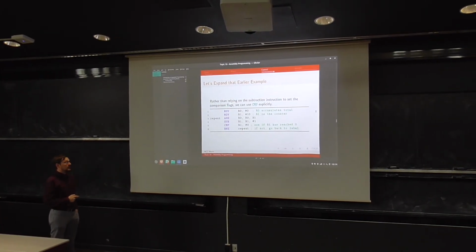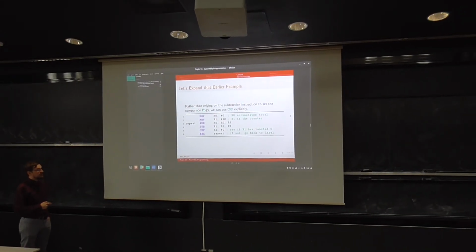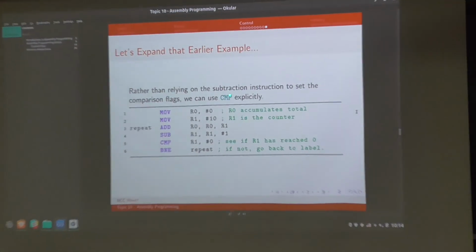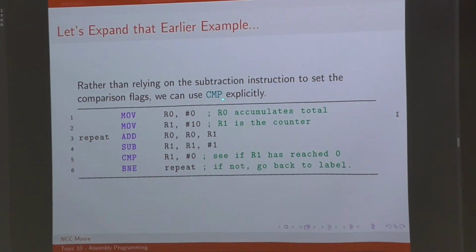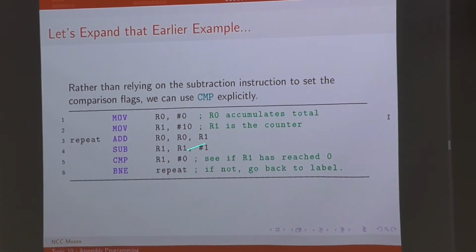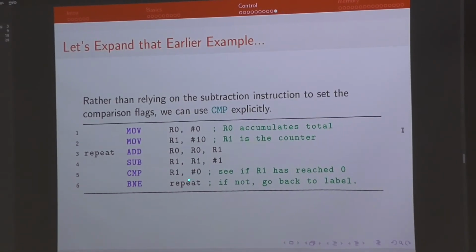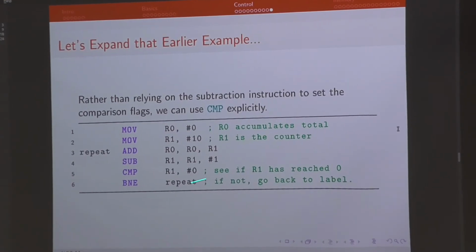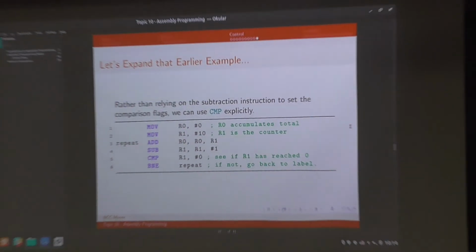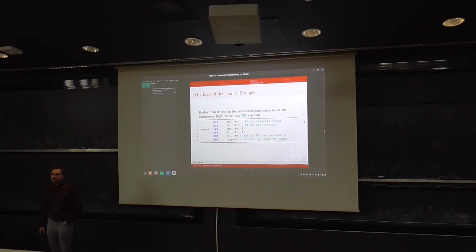So, rather than relying on the subtraction instruction to set the comparison flags, we can use the comparison command explicitly with our earlier example. Rather than using subs, we use compare r1 and 0, see if r1 is equal to 0, and then we go through the repeat process. I think you'll agree that's a bit more explicit about what's going on.